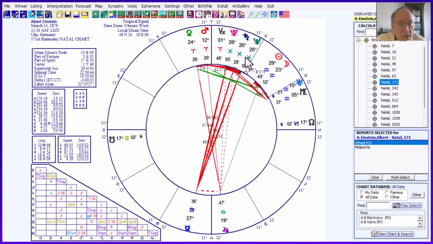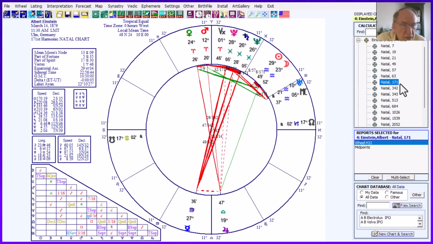Now, by the way, you can notice something else. If we double this vibration, the 4 planets would all be conjunct, because if I multiply 171 times 2, the oppositions will turn into conjunctions. Let me show that to you.